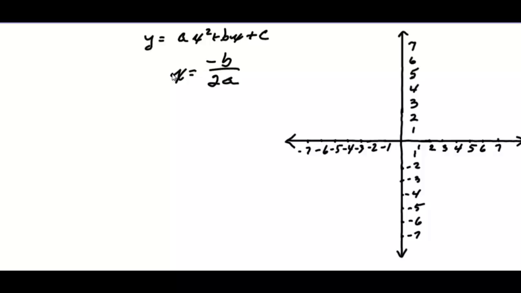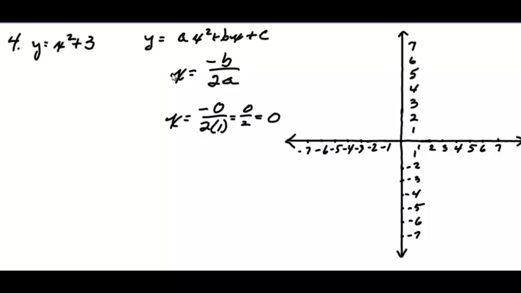Let's go ahead and turn to page 732 and look at problem number 4. It says y equals x squared plus 3. If we use x equals negative b over 2a, the b value is missing, so that's negative 0 over 2 times 1, and 0 over 2 is equal to 0.